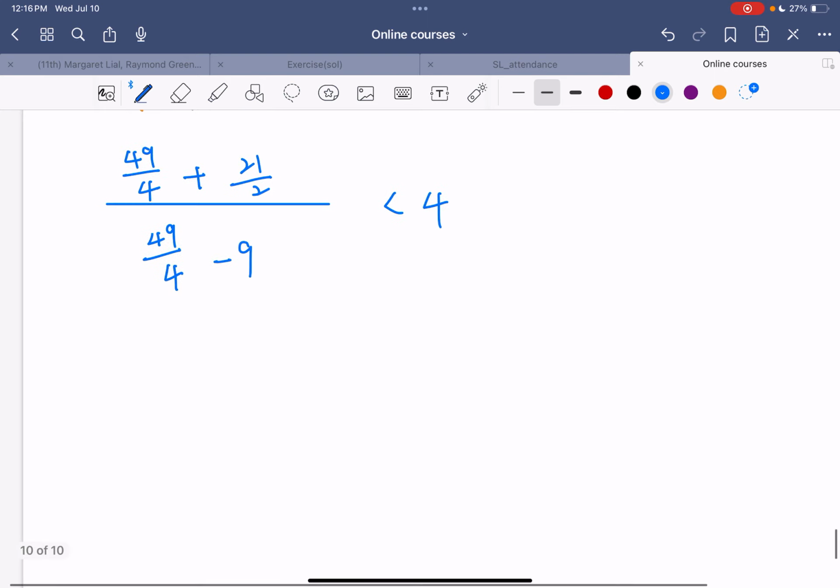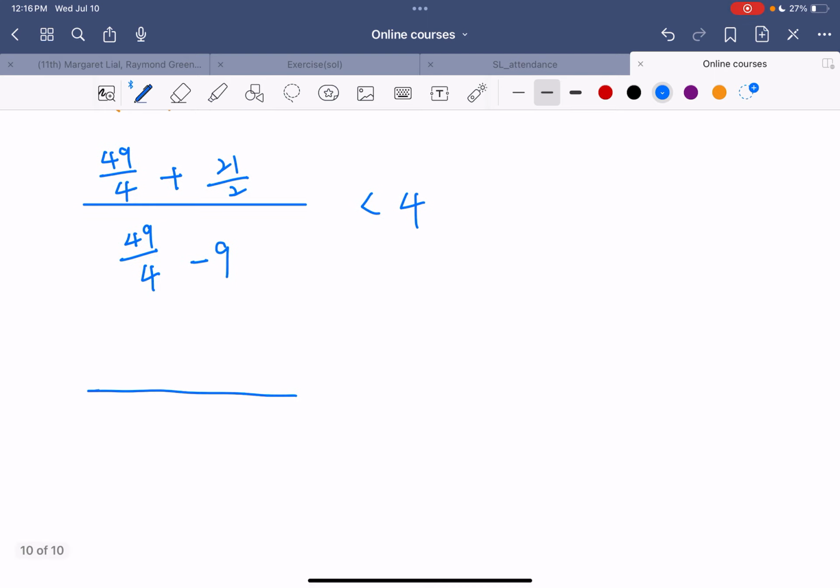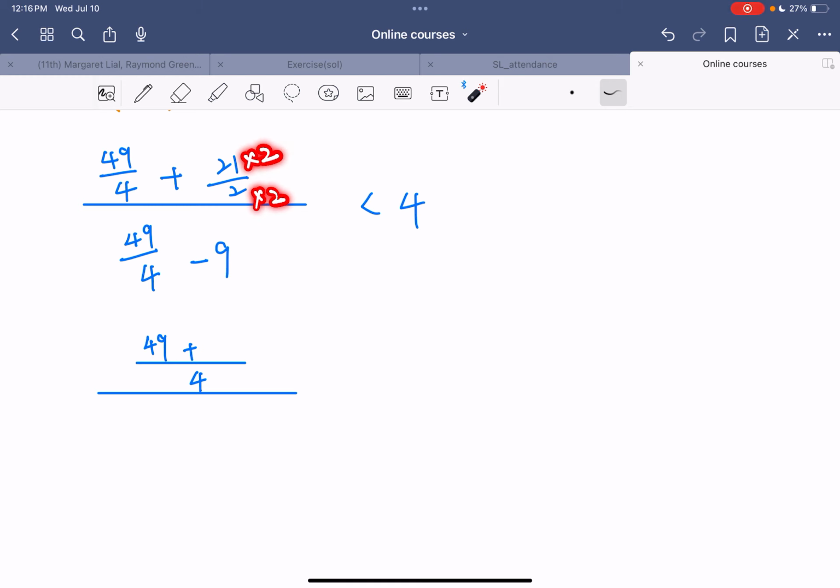Less than 4. And let's calculate here. It's a little bit complicated, but 49, and here we plus this part. We have to make the denominator the same. So we times 2 to the denominator and 2 for the numerator. We get 42.